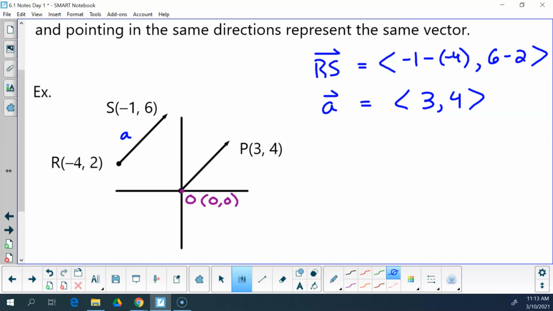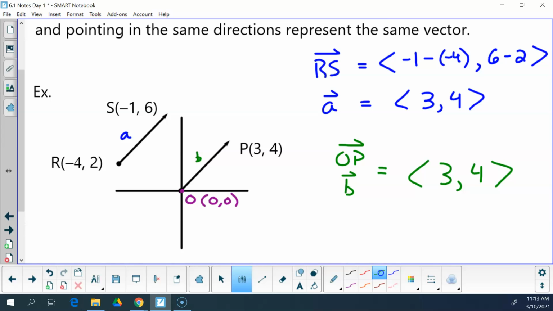Now, if my vector is in standard position, like, let's say, vector B here, vector OP, or vector B, I can just go directly to the point of the head, because it would be 3 minus 0, and it would be 4 minus 0.